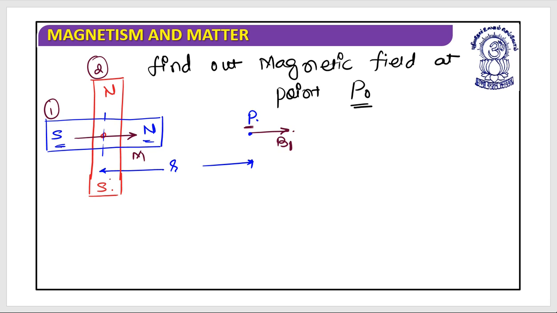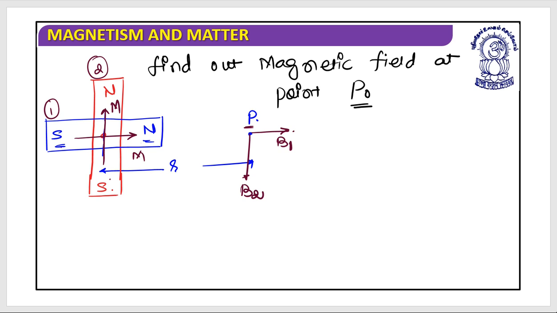For the second magnet, this is south pole, this is north pole, so this is the magnetic moment. And when the magnetic dipole moment is in the positive y direction, its magnetic field is in the negative y direction. So this is B2.